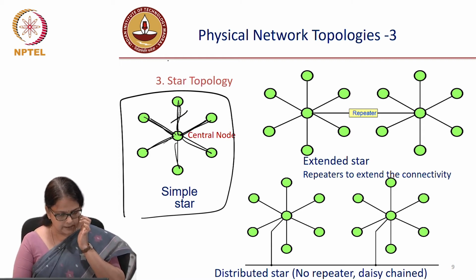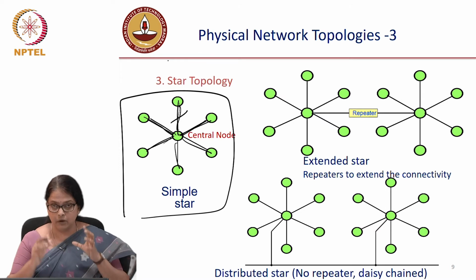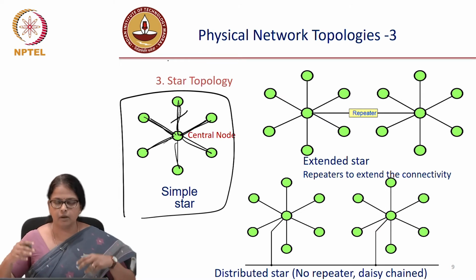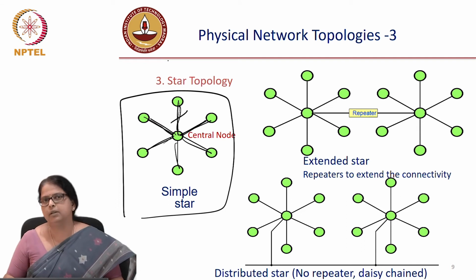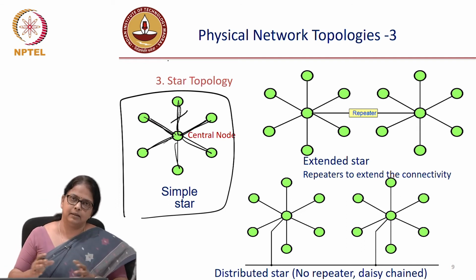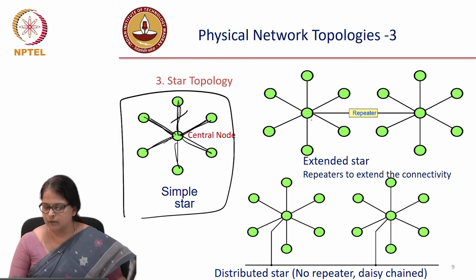Now you can find an extension of this star topology called an extended star, where if you want to carry out the same topology to connect to more nodes, you will have to worry about the path, the quality of the signal. You may want repeaters. So you could have two central nodes.